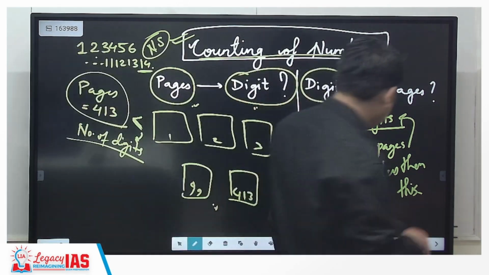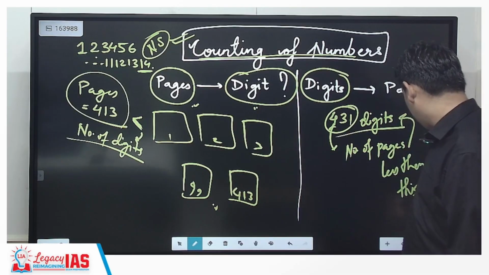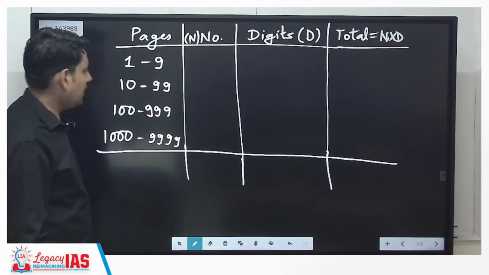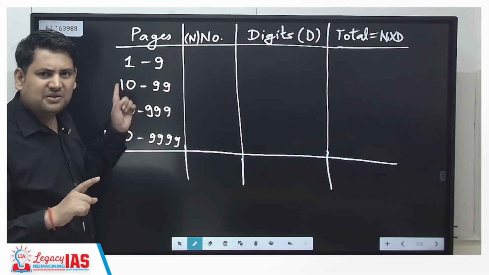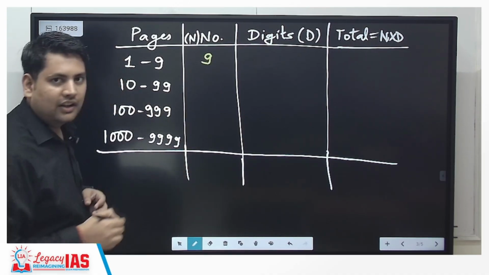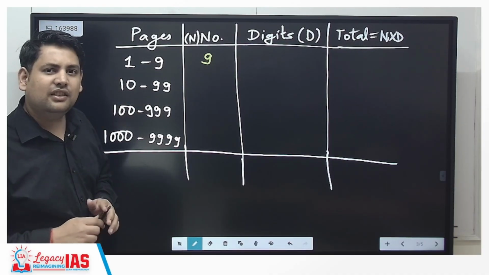Now we'll learn how we deal with them. Okay, see, if pages are numbered like this from 1 to 9, now how many pages are there from 1 to 9? There are 9 pages. Okay, then from 10 to 99, how many pages are there?